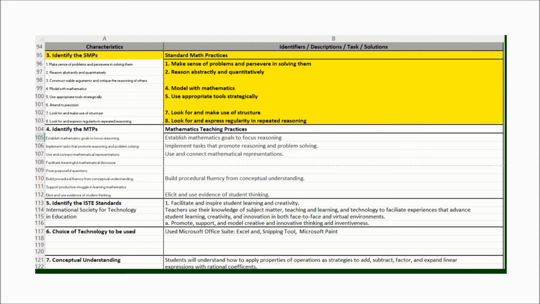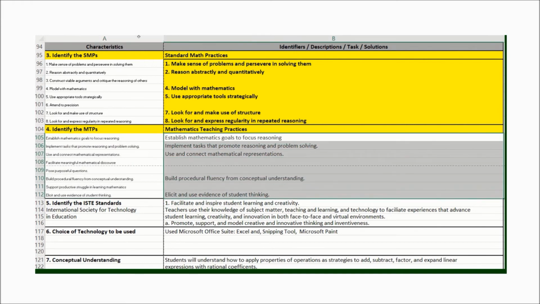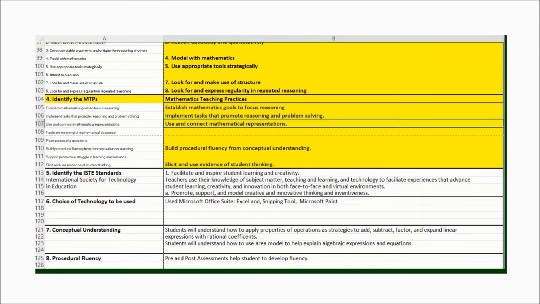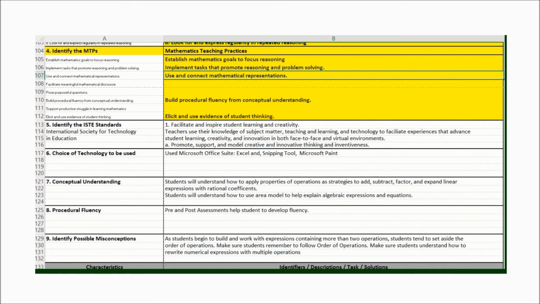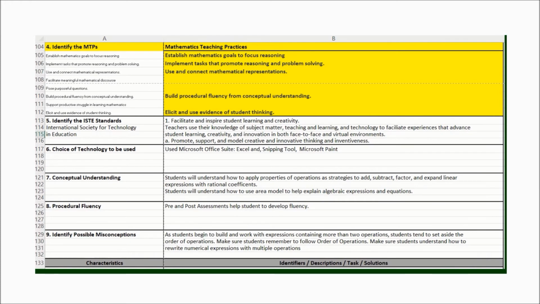And as we look down below that, we have to also identify the MTPs, or the mathematics teaching practices. I have all of them listed here, but I just have listed the ones that I used for this lesson. Now we have to also identify the ISTE standard, and I only use one here, and I'm going to break this down very quickly.